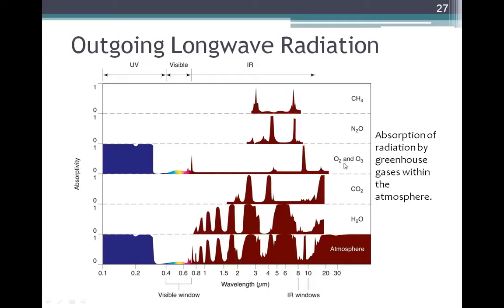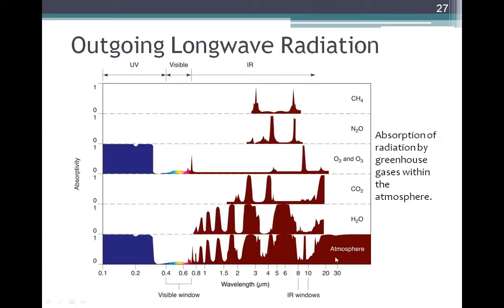We also have oxygen and ozone up here. Oxygen absorbs a little bit of long-wave energy, and so does ozone. Not much, you can see, but it does absorb some. We also have nitrous oxide, another greenhouse gas, and then finally we have methane. So you can see the effect of each of these individually and then all together.